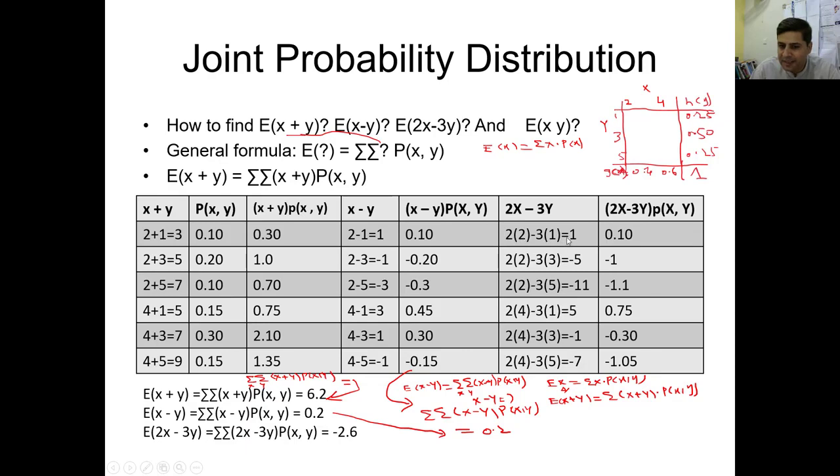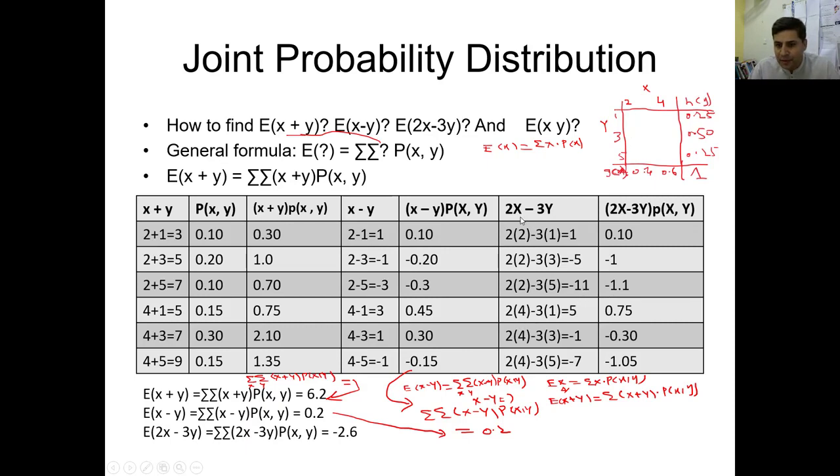When x is 2, in the first terms we are changing the values of y. So 2 into 2 minus 3 into 3, 4 minus 9 is equal to minus 5. Then 2 multiplied by 2, 4, minus 3 multiplied by 5, so 4 minus 15, which will be minus 11.